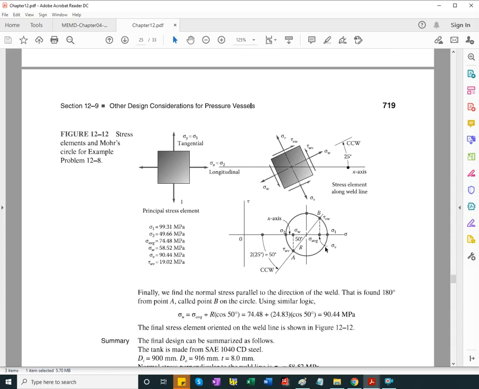So on the Mohr circle, we rotate 2 times 25, it's 50 degrees, and this will be the orientation on the circle of the element that has one side parallel with the weldment. And the intersection of that line with the circle gets us the stresses on the two faces of the 2x2 element.